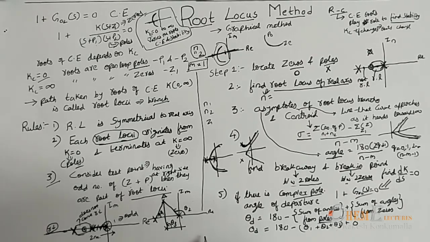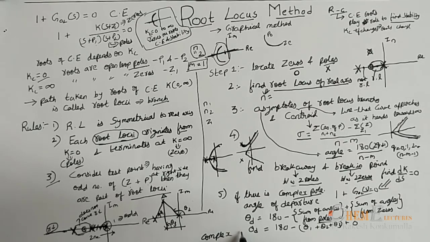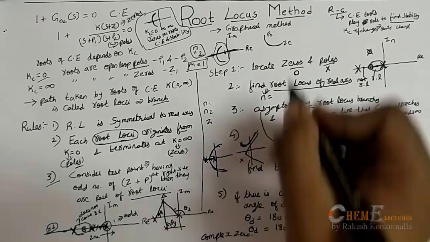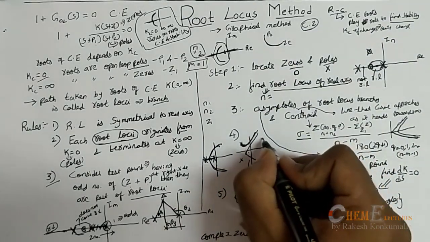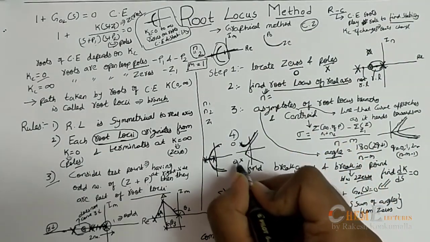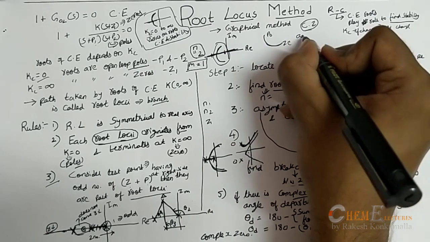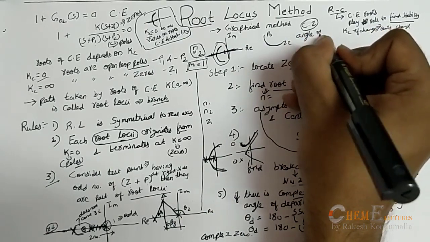Suppose I have a complex zero. In this case, I will have an angle of arrival.